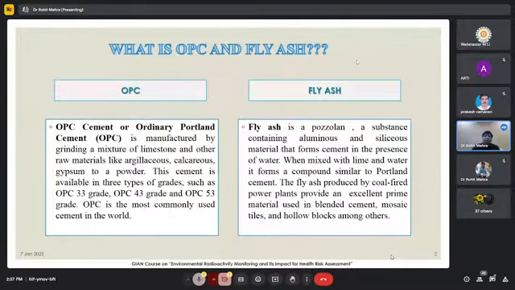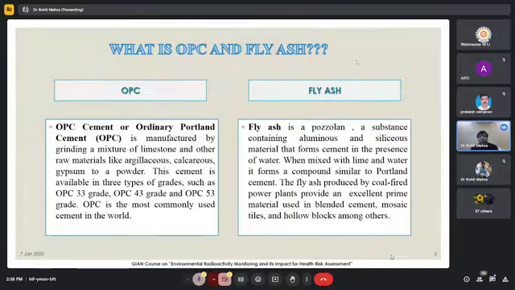I'm not teaching civil engineers, who might understand better what OPC and PPC, Pozzolanic Portland cement, are. But for your knowledge, OPC is not directly commercially available in the market. Whatever cement you get for building houses, dwellings or offices, you will get PPC, the Pozzolanic Portland cement.